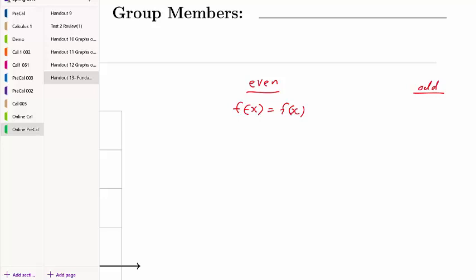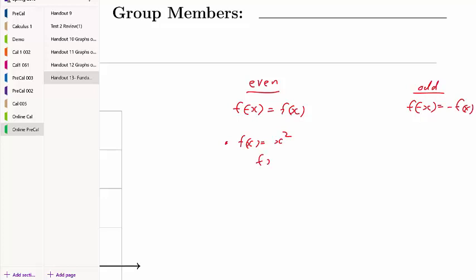Now for an odd function, if you plug in any negative number, then you will get the negative value of what you would get if you just plugged in x normally. So let's do a couple examples of each with the exponentials. Let's define f of x for the first one as x squared.